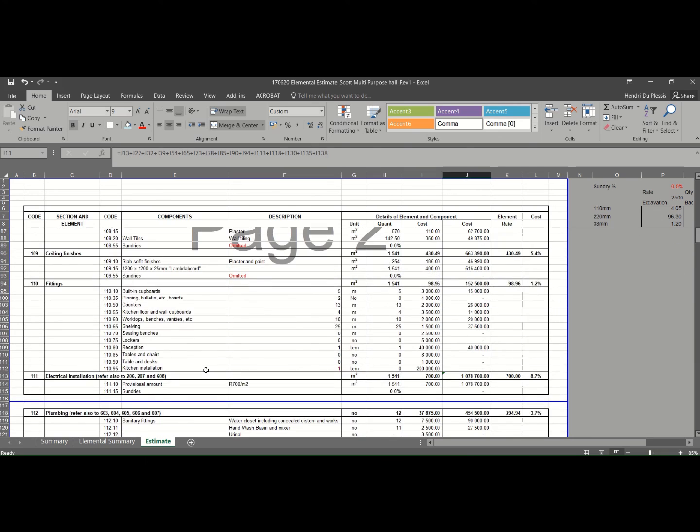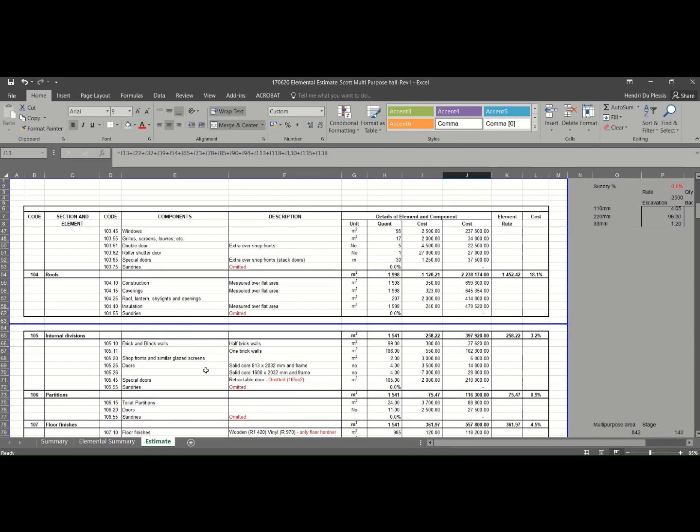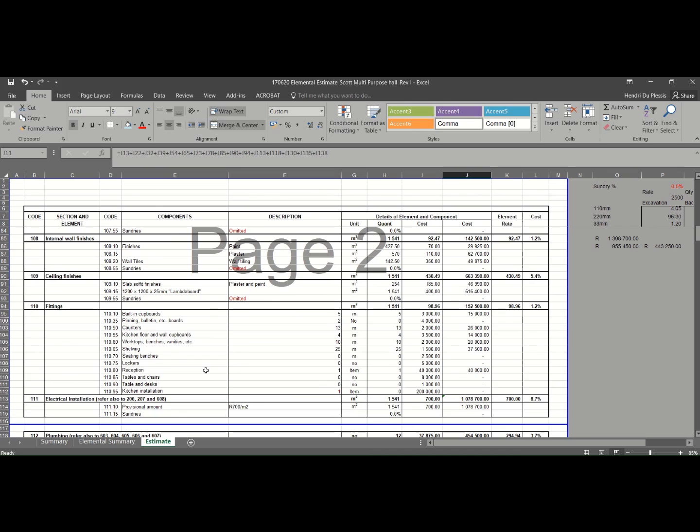Okay, so please remember to go through your elemental guide and do your estimation based on that. If there's any special fittings or so, then you can include it there. So like I said, do not waste too much time in being 100% accurate with your rate build-ups.